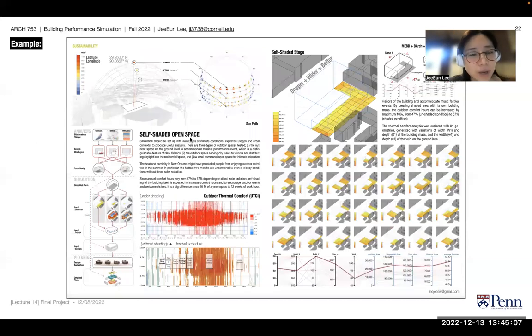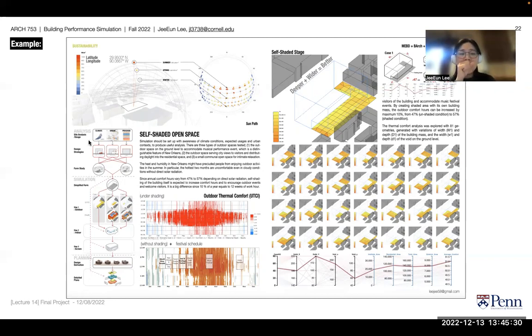Here I analyzed what the solar radiations are and what the sun path is, and gave the latitude and longitude. And here I worked a lot of hours only for this diagram. So what is the workflow?